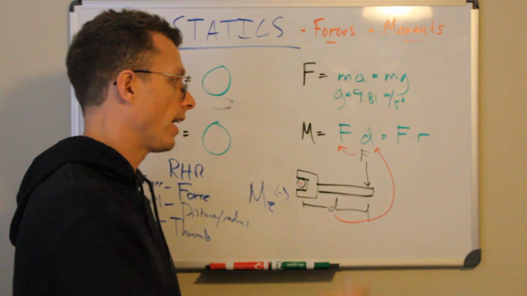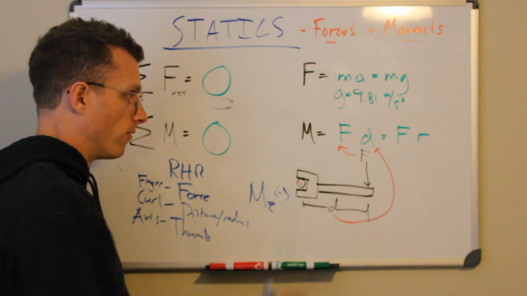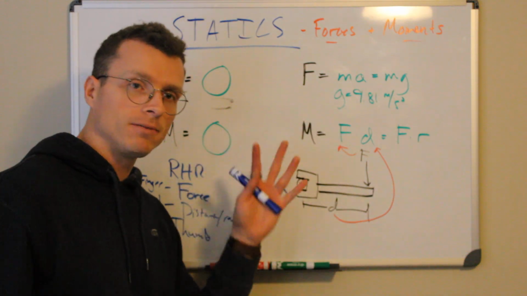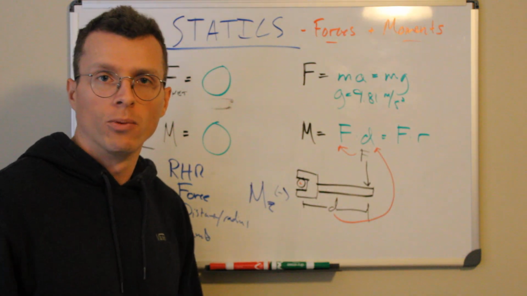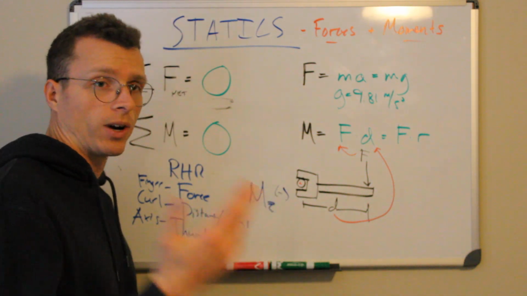A lot of times it'll just say, hey, 100 Newton force is applied. The moments are going to be the force times the distance, or force times the radius, depending on what you're looking at. And that's it, right hand rule.